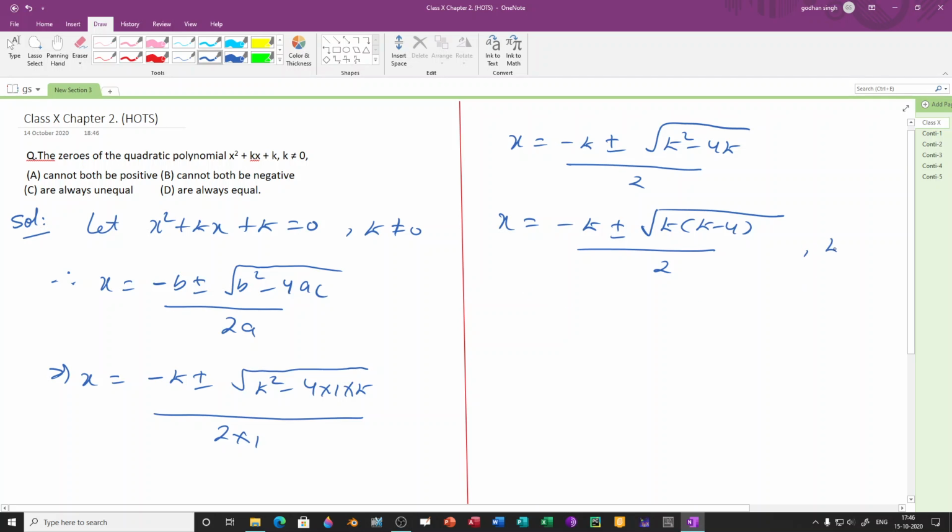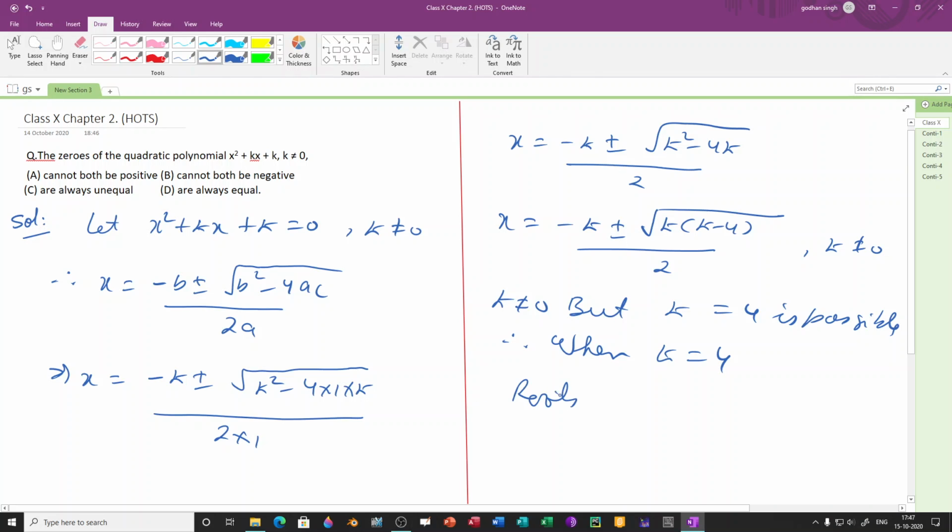Now k is not equal to 0, but k can be equal to 4, and k equal to 4 is possible. Therefore when k equal to 4, what will happen? Roots are equal.